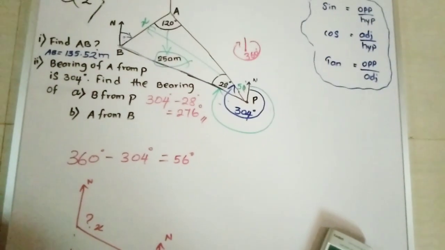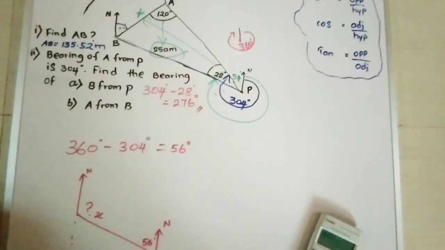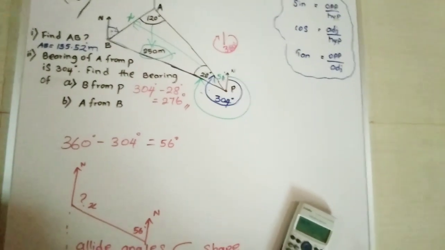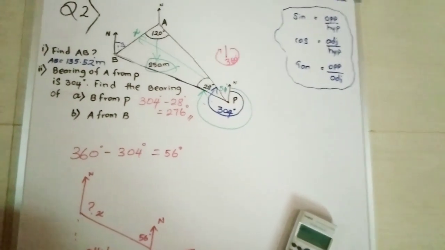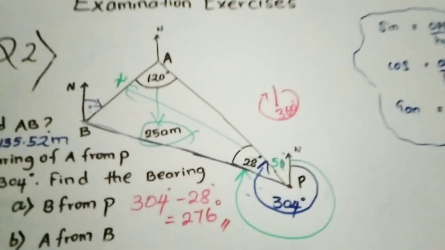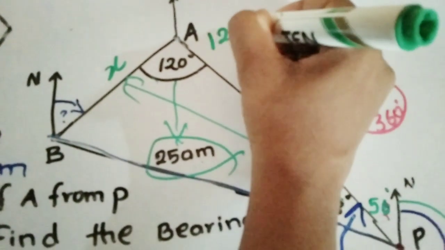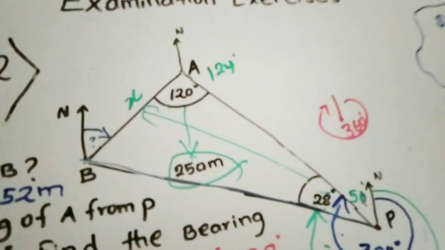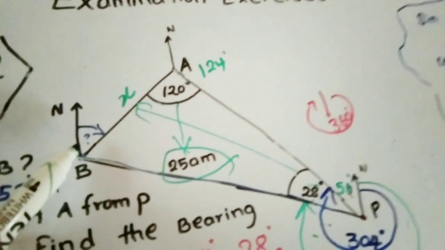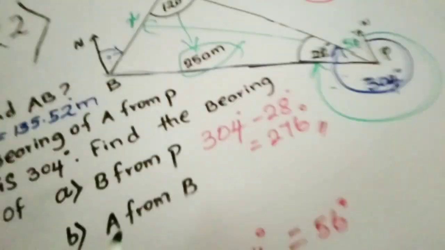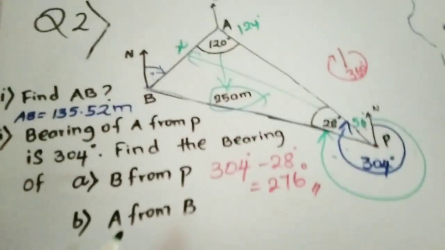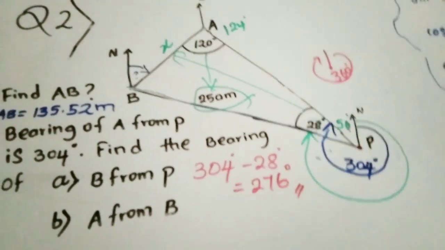We already found 56. Our question is find the bearing of A from B. For that, we have to find one more unknown angle. This is 124. Already we found 56.